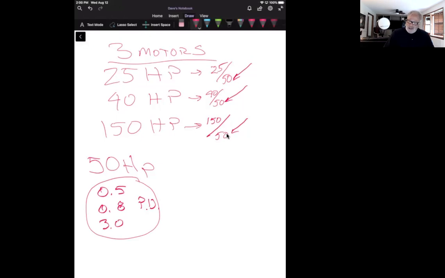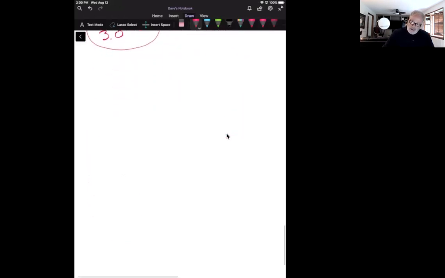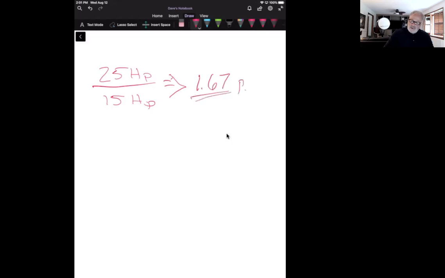Another example that he gives us, let's see if I've got some room. I do. I'm going to slide that up here. He says we could have selected a base power of 15 horsepower. If we had done that, again comparing these motors, the first one of the 25 horsepower, that comparison would be 1.67 per unit.